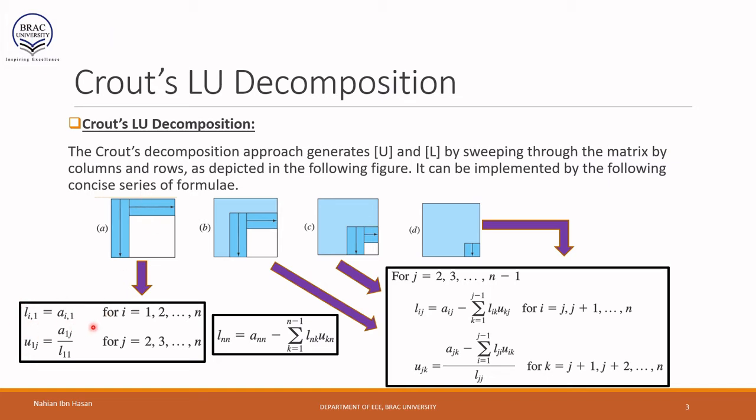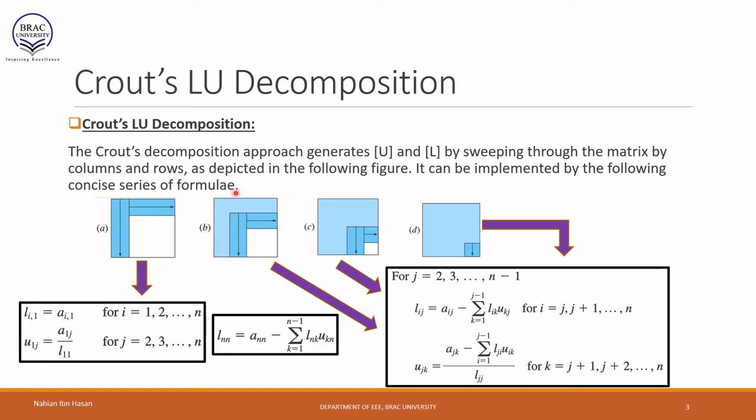Using these values we can get the lower triangular elements, and with this formula we can determine the upper triangular elements for the first row and first column. After we have swept through the first row and the first column, we go through the second column and second row in this way. Okay.